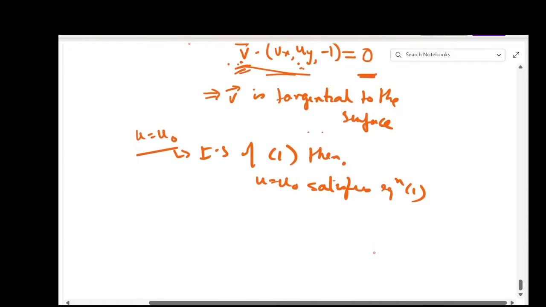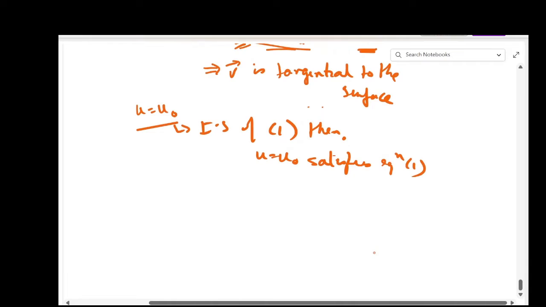Now, from whatever geometrical interpretation we just developed, let me roughly state the definition of integral surface.